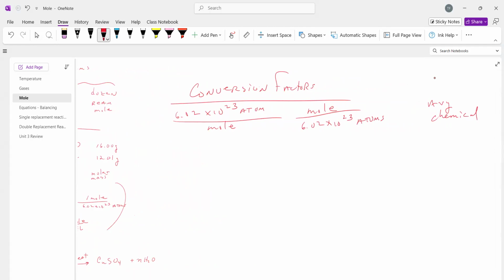Okay, if we look on the periodic table, and I need to have a periodic table.